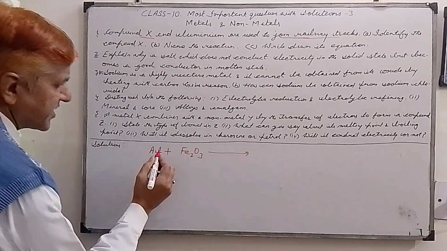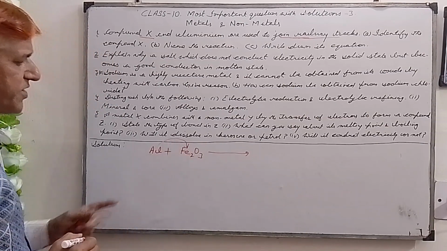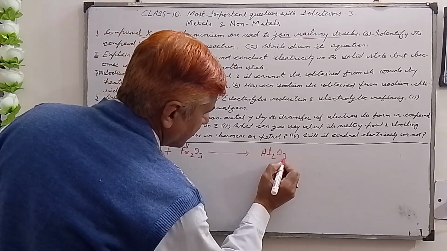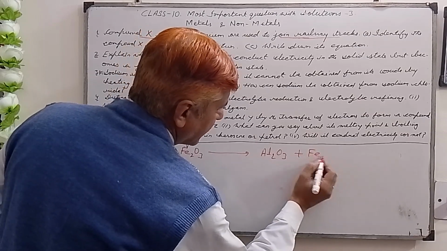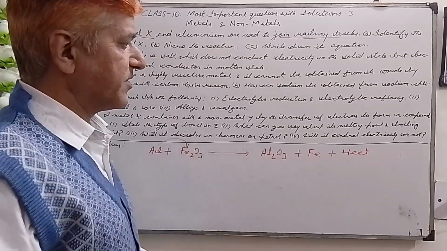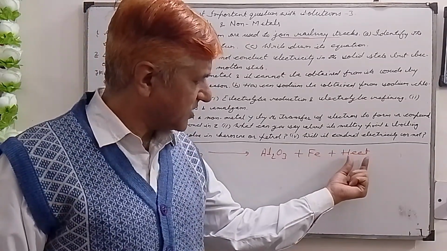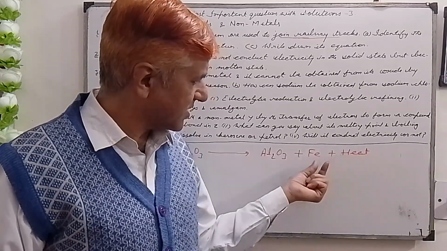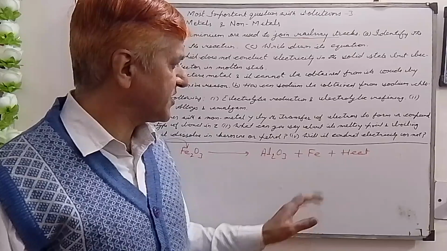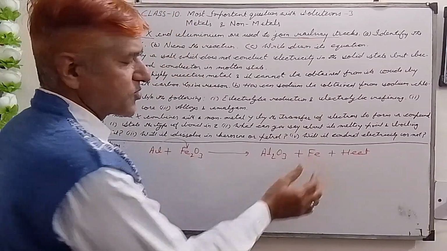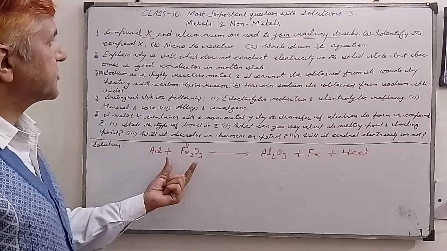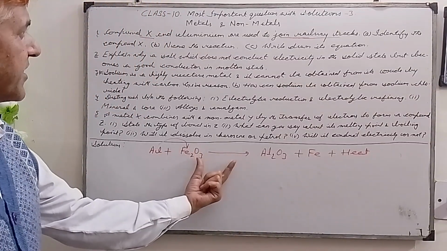My dear students, aluminium is more reactive than iron, so it will displace iron and aluminium oxide will be formed plus iron plus lots of heat is generated, and heat is so intense that iron is obtained in molten state. Please remember this, and this iron is used to weld the broken railway track. So this is the chemical reaction.